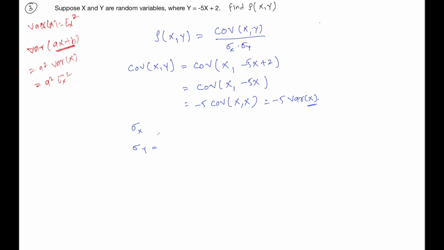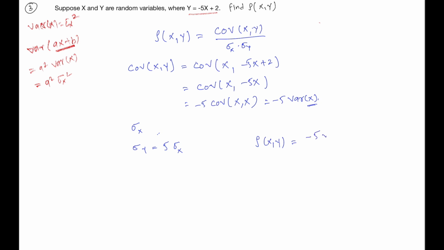So what will be the variance of this? 25 times the variance of random variable x, that is sigma x square. What will be the standard deviation? Square root of that. So that would be 5 times the standard deviation of this random variable x, right? Then what will be the correlation coefficient of this random variable x and y?